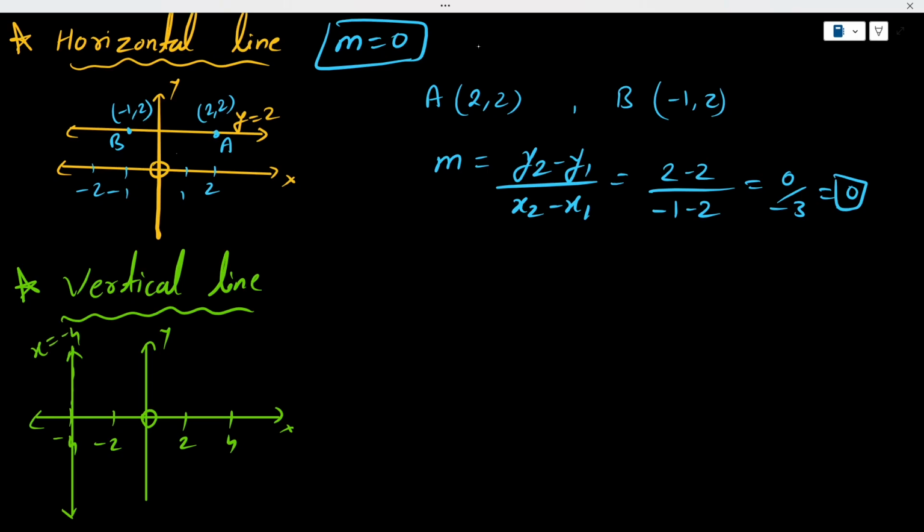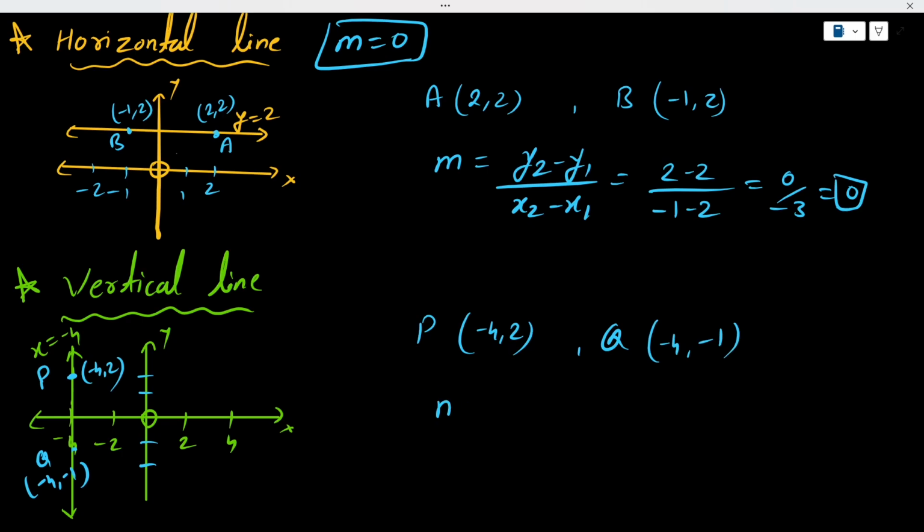Now you take any 2 points here, x is fixed, but y can be changed. So if I take a point P as minus 4 comma 2, and another point Q as minus 4 comma minus 1.